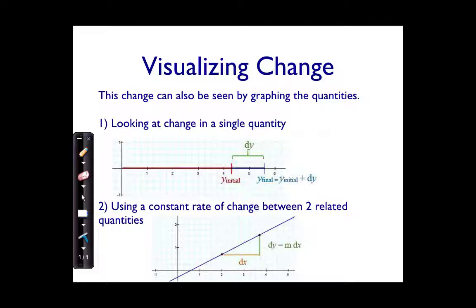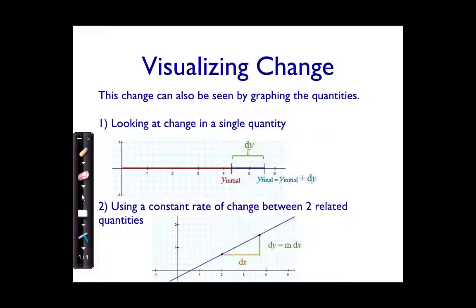If I graph two quantities in a constant rate of change relationship, I'm going to get a linear function of some sort. It could go up, could go down, doesn't matter where the vertical intercept is. There's going to be a constant rate that relates these.